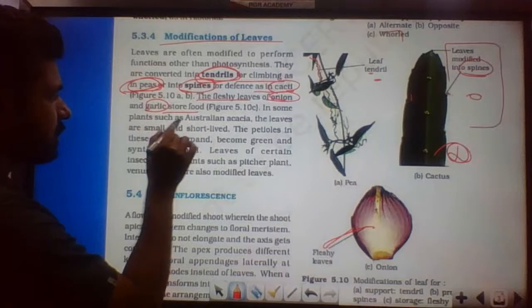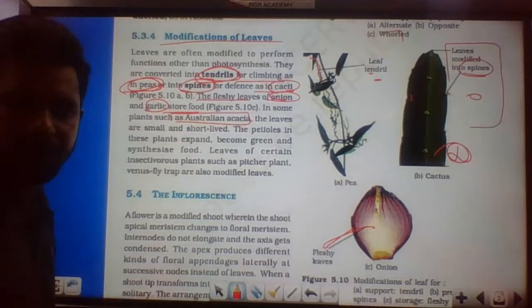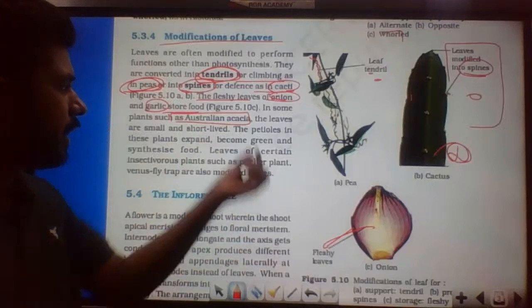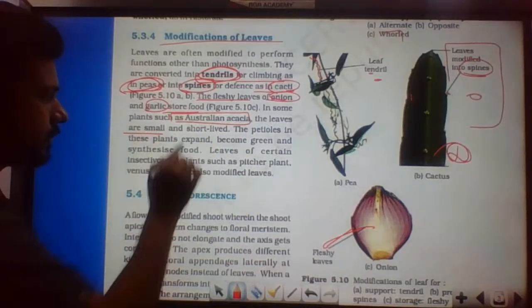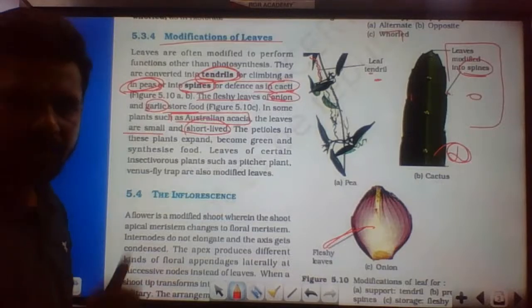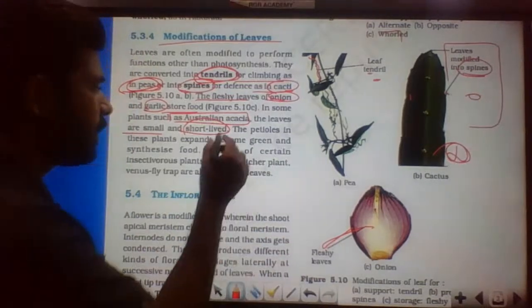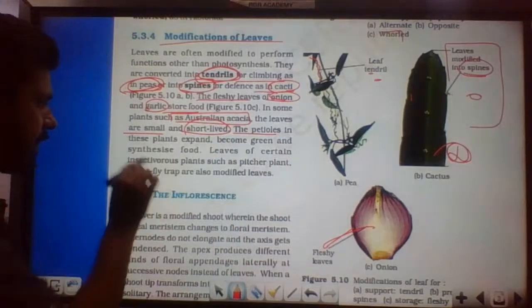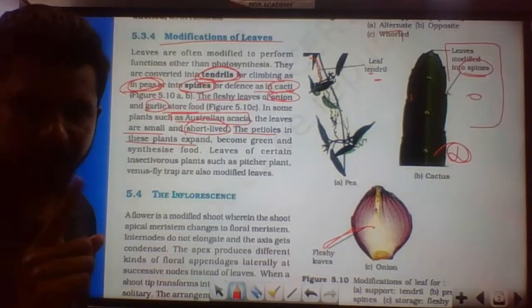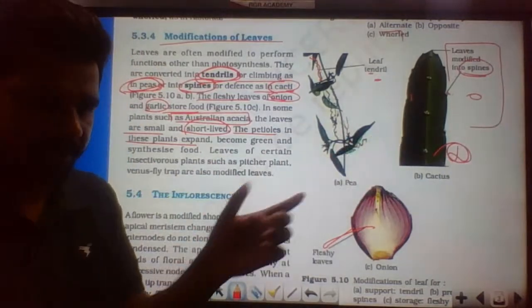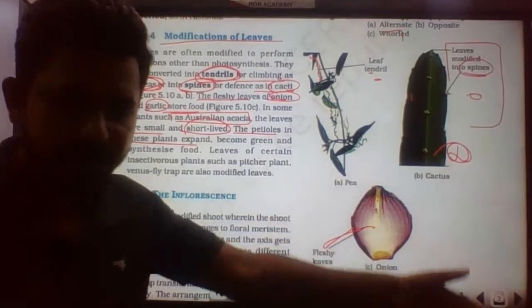In some plants, such as Australian acacia, which is a very important example, the leaves are small and short-lived, which means they will fall off very soon. The petioles in these plants are the part that is modified. We already discussed the different parts of leaves, right?